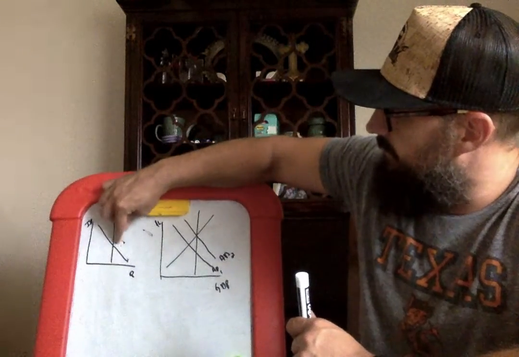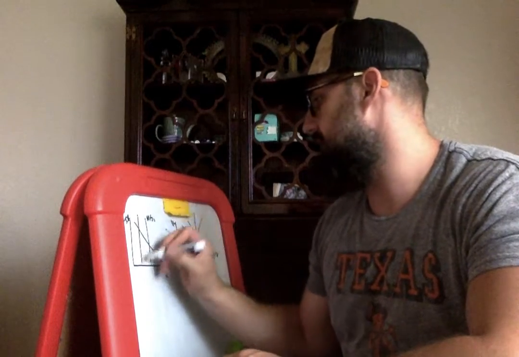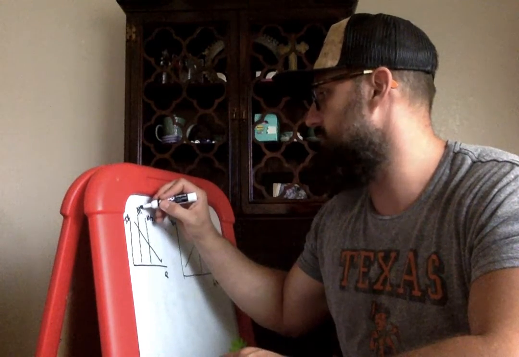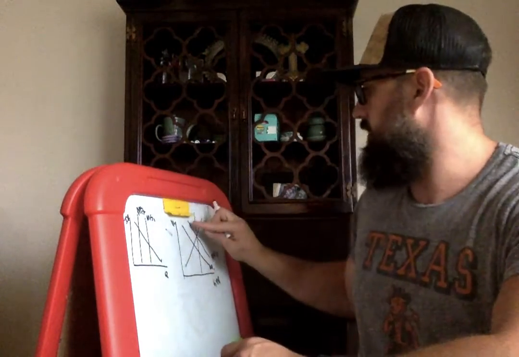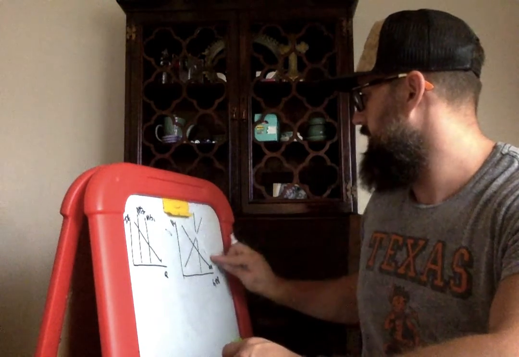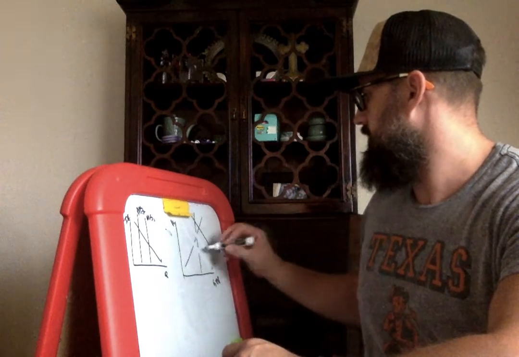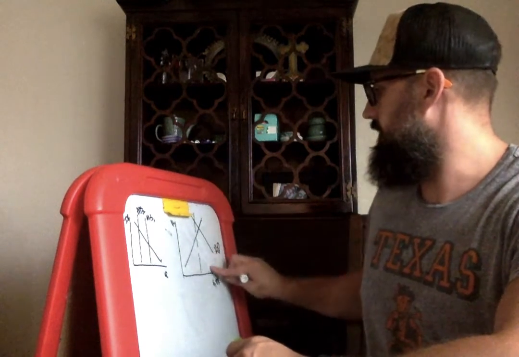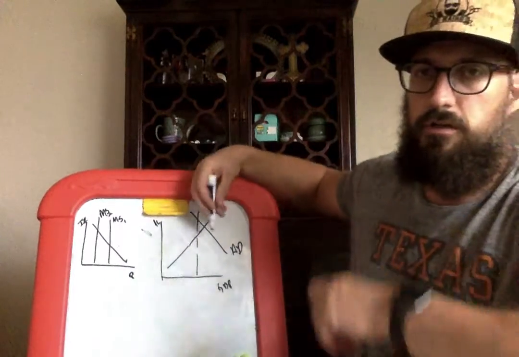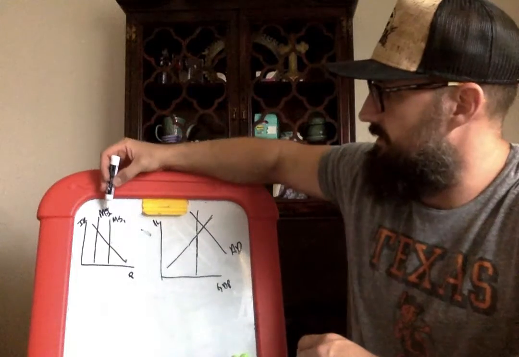And so if we were to do the opposite, let's say that the Federal Reserve decides that they're going to sell bonds, and let's say that we're in an inflationary period. That looks like this right here. We're in an inflationary period, then the Federal Reserve decides that they're going to sell bonds.